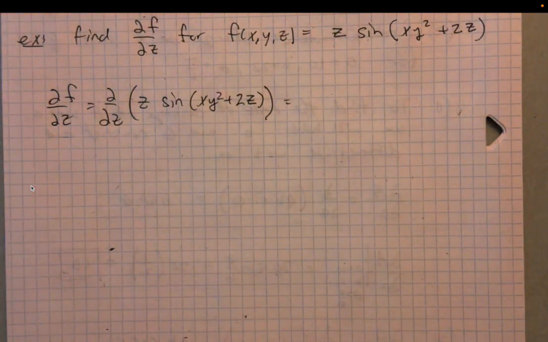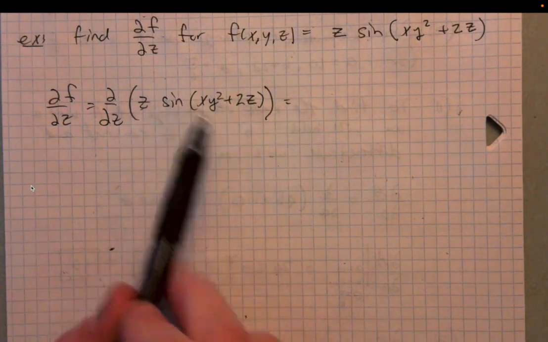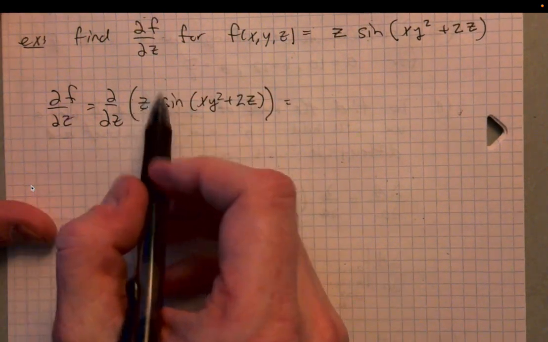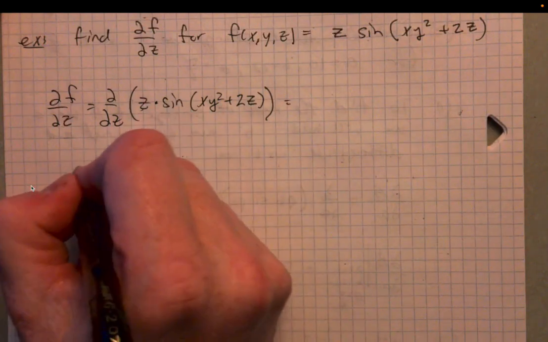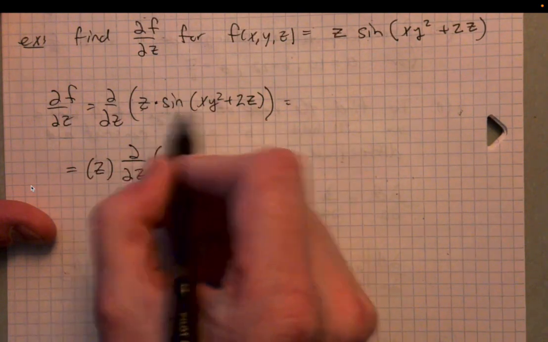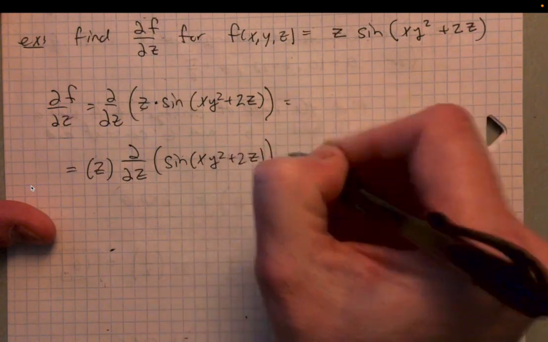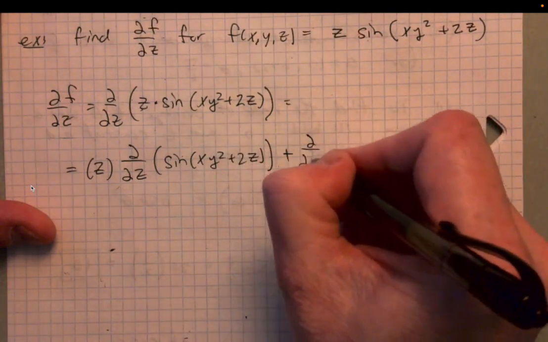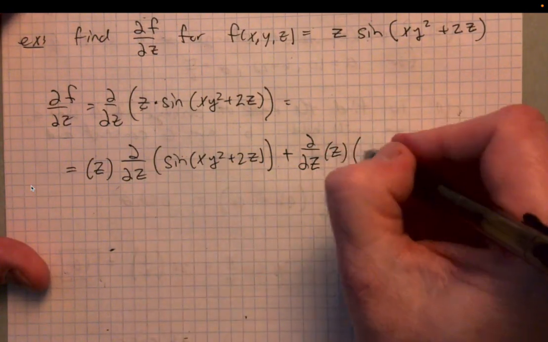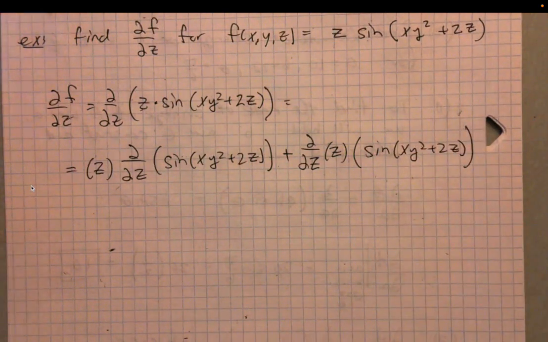Now what's going to have to happen? We've got a z here, and we've got z's over here. So this is the product rule. So this will be z times the partial derivative with respect to z of the sine part, plus the partial derivative with respect to z of the z, times the sine part unchanged. Like so.